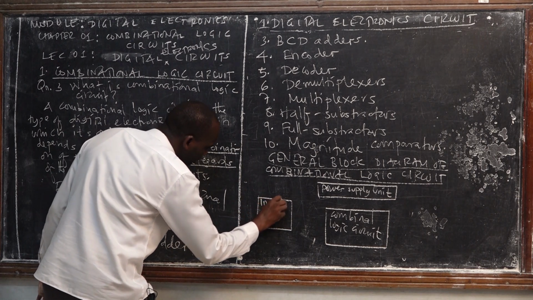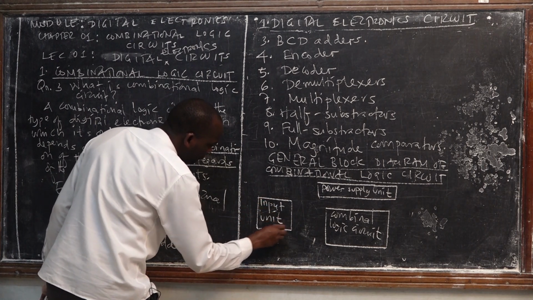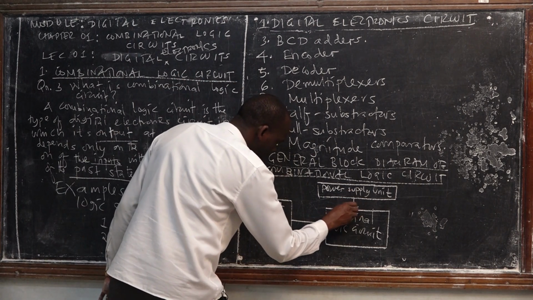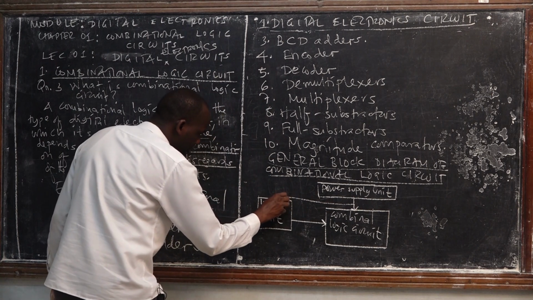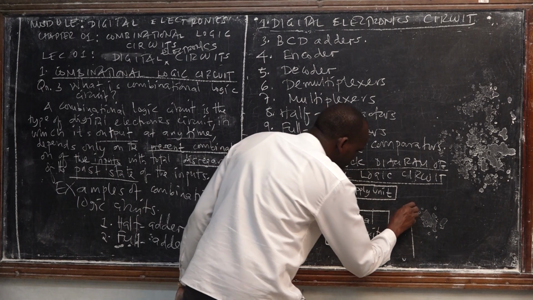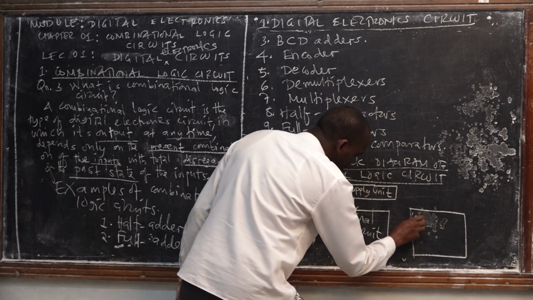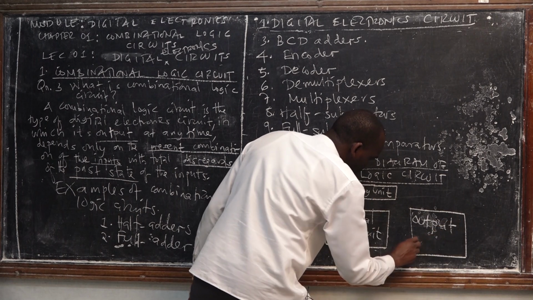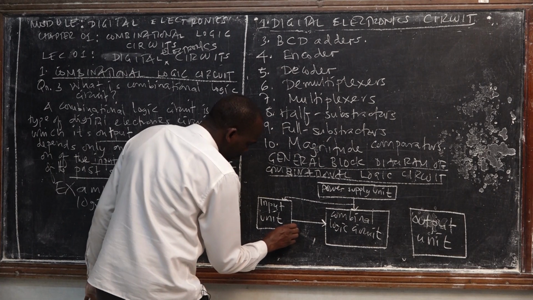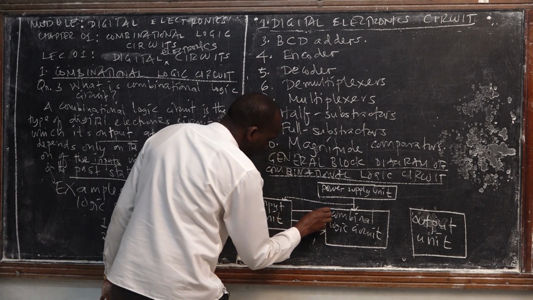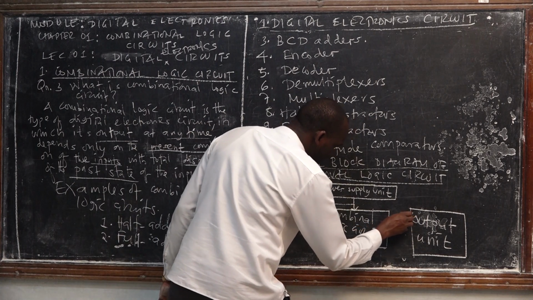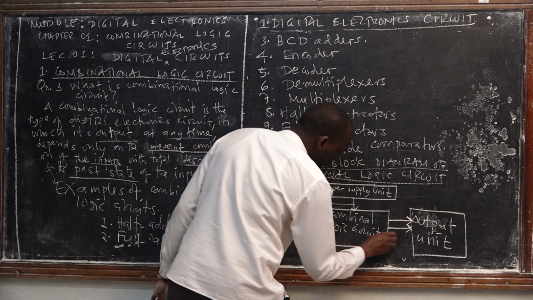This is the input unit. Then here we have an arrow. We have the power supply here, and also the inputs need some power. Then the next block is called the output unit. We can have one input or more than one input, and one output or more than one output.